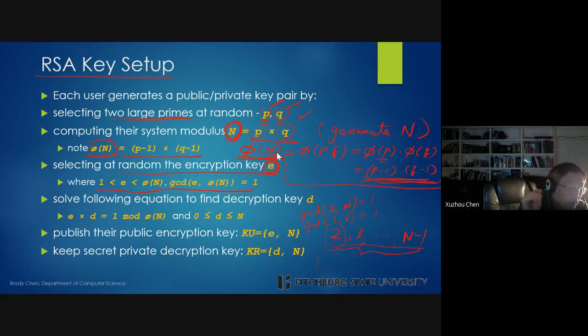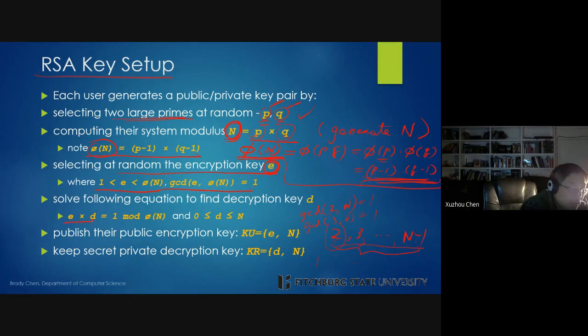And now, how can I find the other key? The other key is, E times D modulo phi of n is 1.